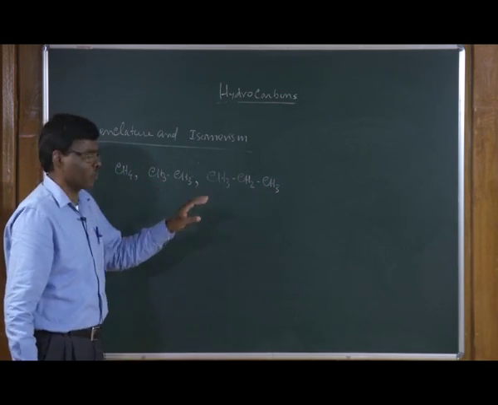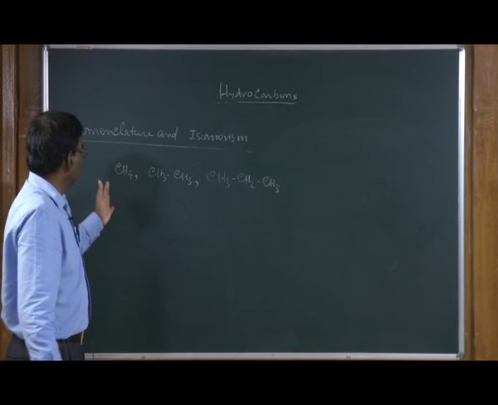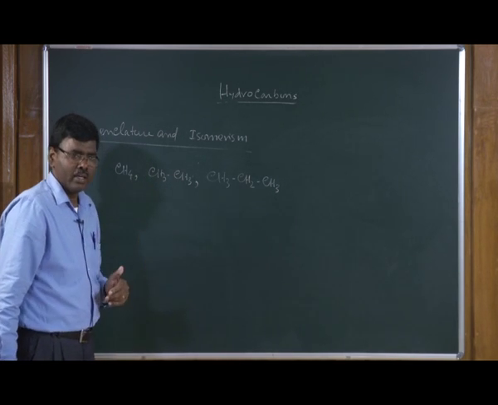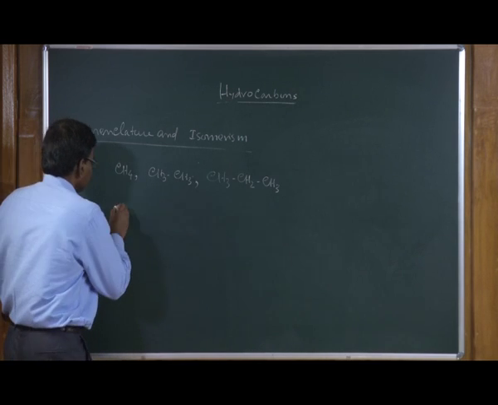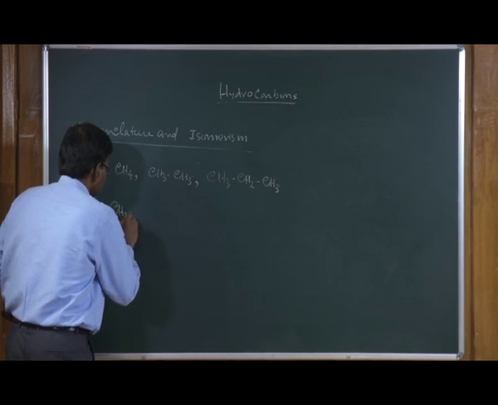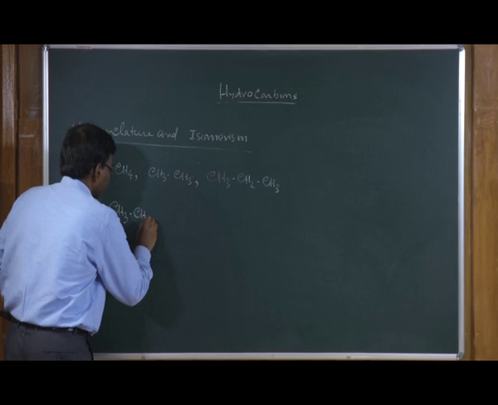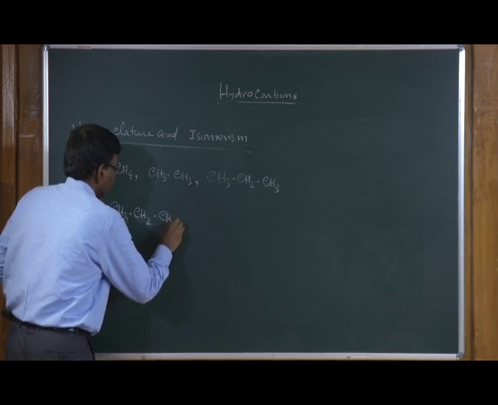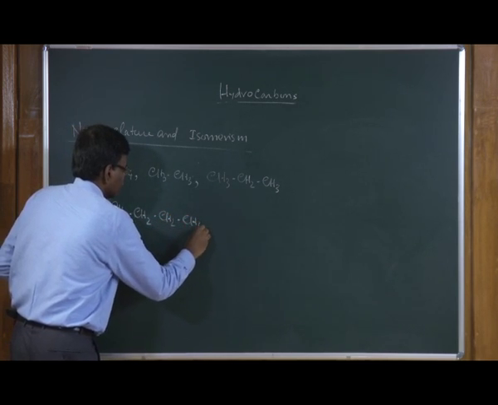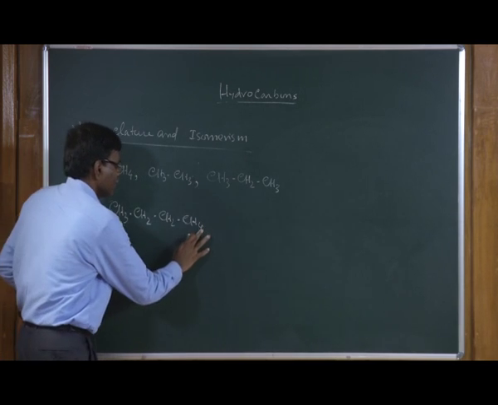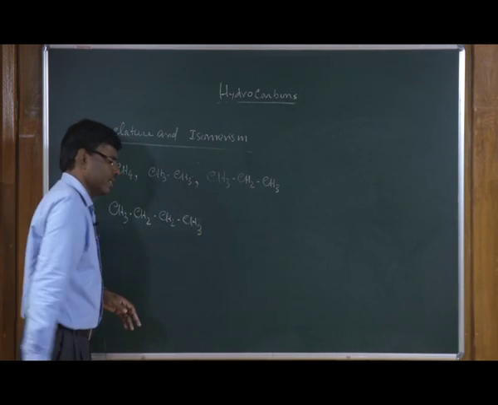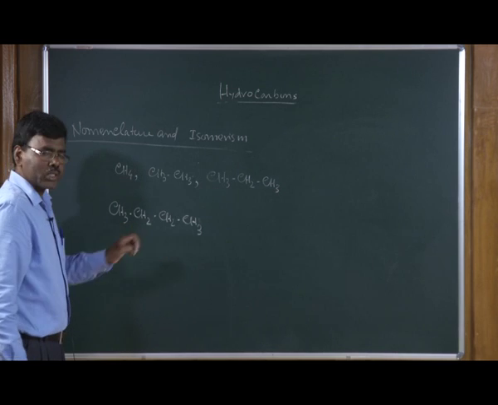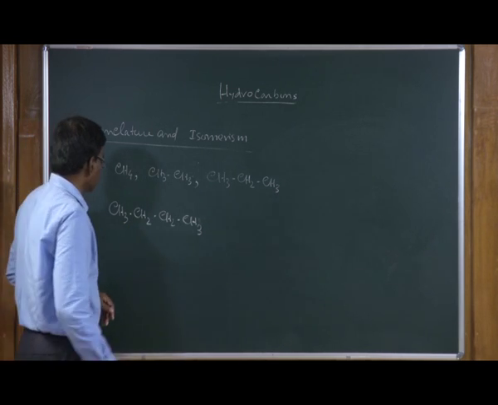Methane, ethane, propane, no problem, we can call them methane, ethane, propane. When you go for butane or higher alkanes, for butane there are 2 structures possible for this molecule.